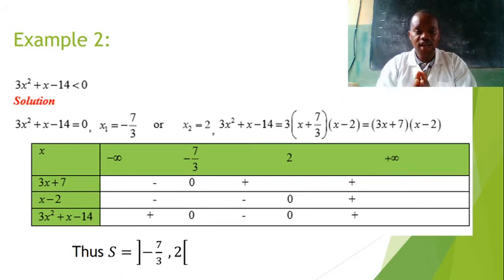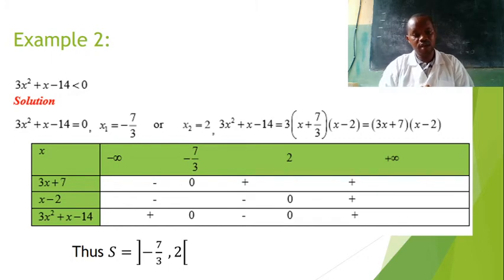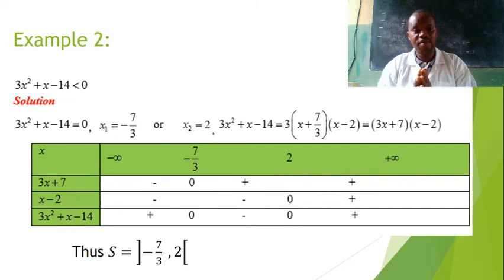When you have negative, it means that the left hand side is less than 0. And where 3x squared plus x minus 14 is less than 0, it is where we have negative. Thus the solution set will be from minus 7 over 3 up to 2 excluded.